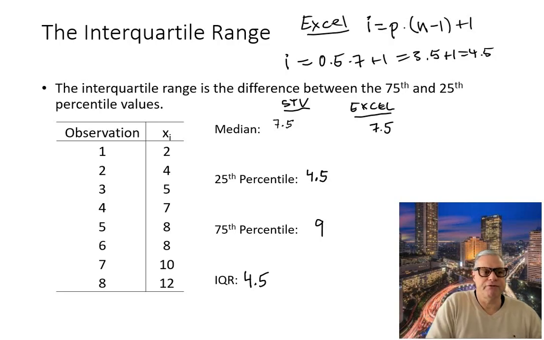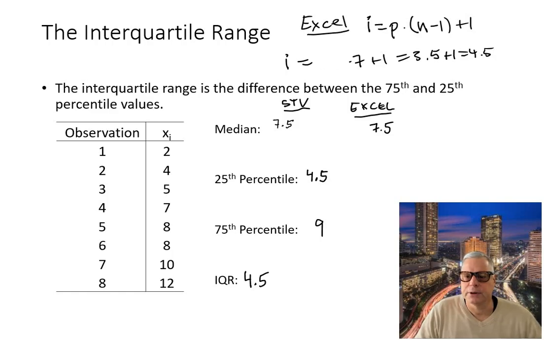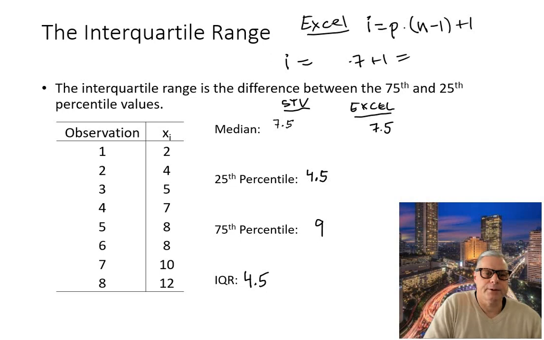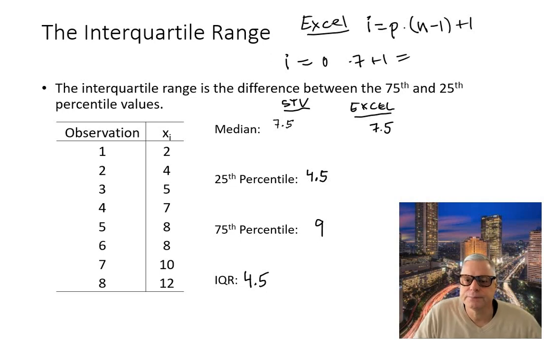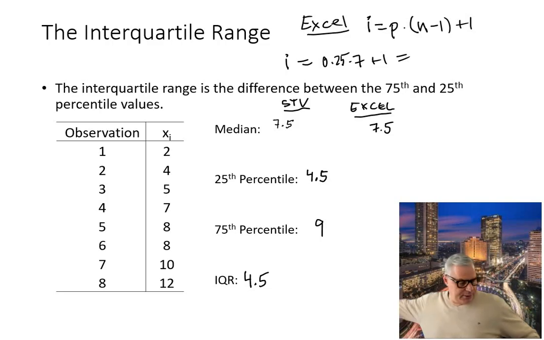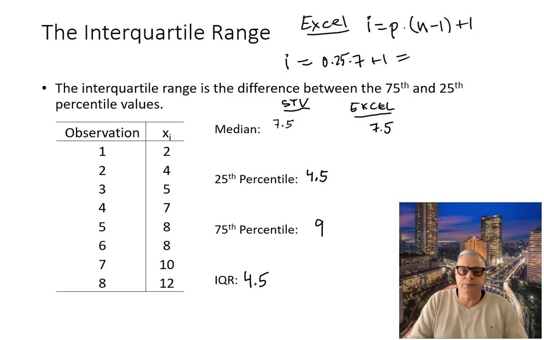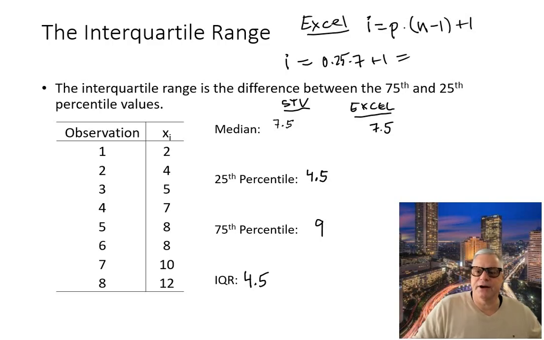What about the 25th percentile? So now we would do 0.25 times 7 plus 1. So now I need my calculator quickly here. So in this case we would do 0.25 times 7 plus 1 equals 2.75.